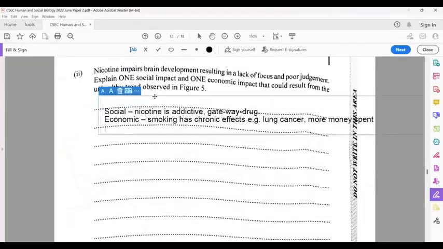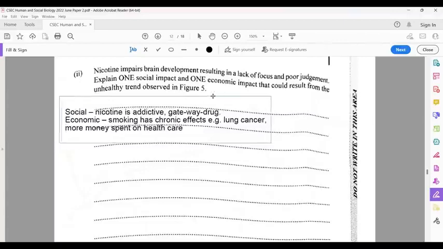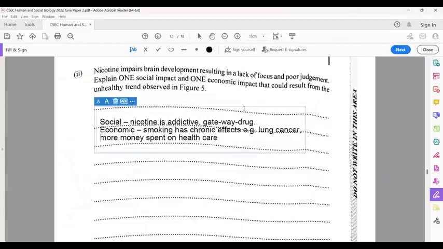So socially, nicotine is addictive and it's often said to be a gateway drug. A gateway meaning it leads you to do other damaging drugs. So that's a bad thing. So that's a social impact. Economically, smoking has chronic effects like lung cancer.